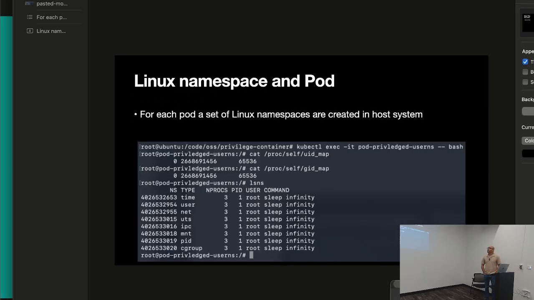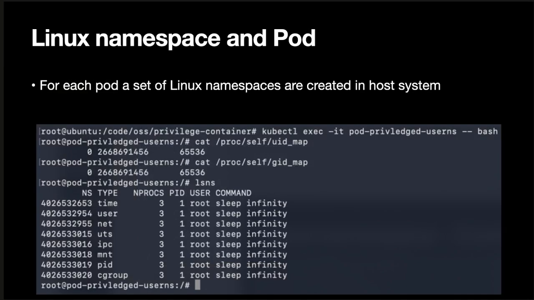Taking a recap of what actually happens at the host or Linux level when you spin up a pod: for each pod, your container runtime spins up a few Linux namespaces. That's how Linux isolates your workload.